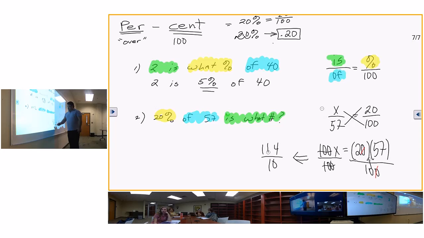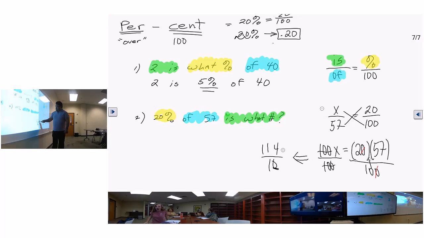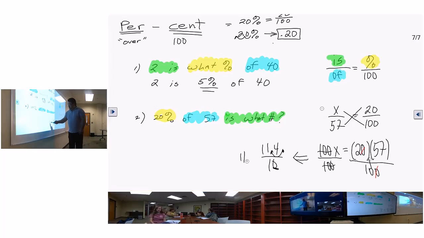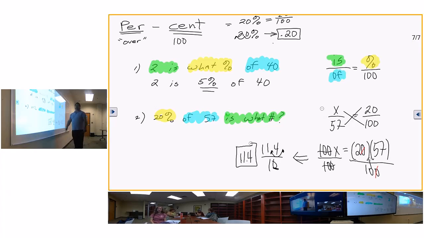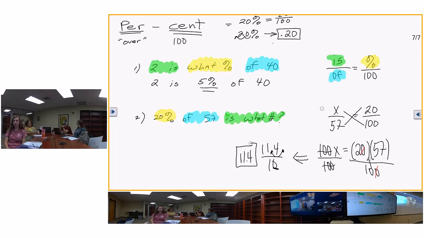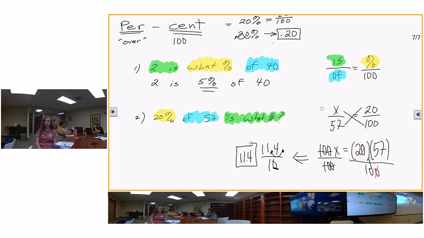If I divide by 10, I count how many zeros I got. 1. So I move the decimal, which is right here, over one place, and I get 11.4. I guarantee you somebody has not seen that before.